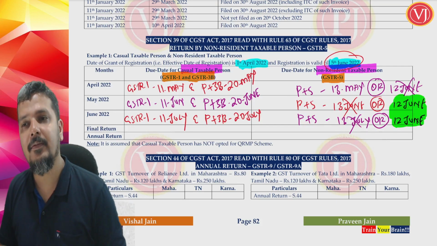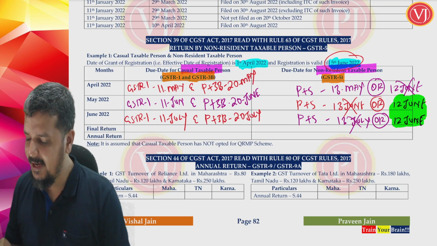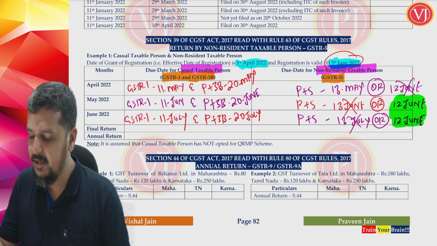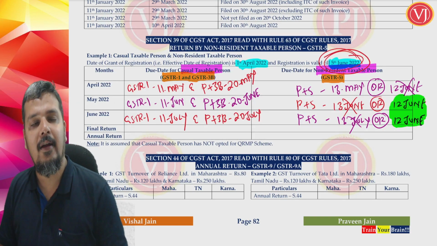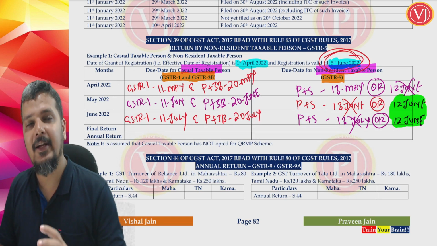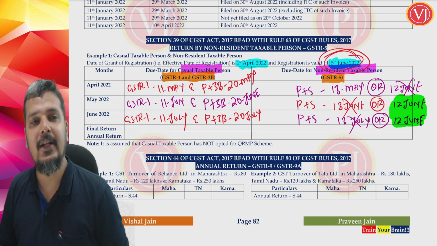One will be for May month, one will be for the first 5 days of June month. The due date is the same. It may not be the same always. I have given the question in such a way that the due date of the second month comes before the 13th of the next month.